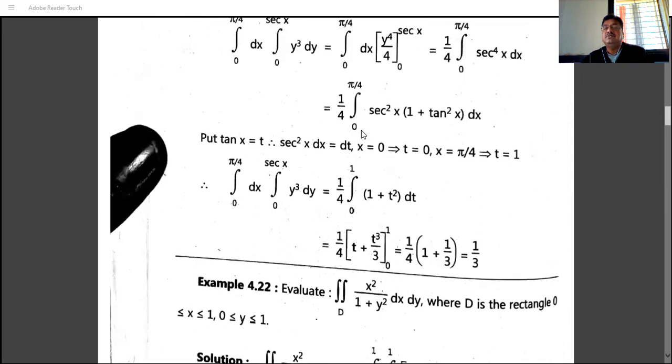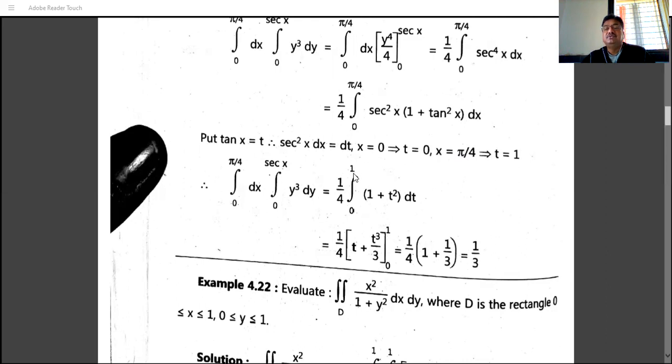So if x is 0, then t is also 0, because tan 0 is 0. And if x is pi by 4, then tan pi by 4 is what? It is 1. Tan pi by 4 is 1. That is, as x tends to pi by 4, t is 1. So the limits are what?